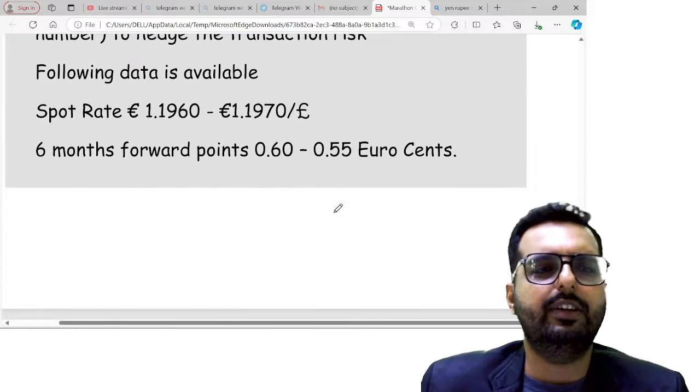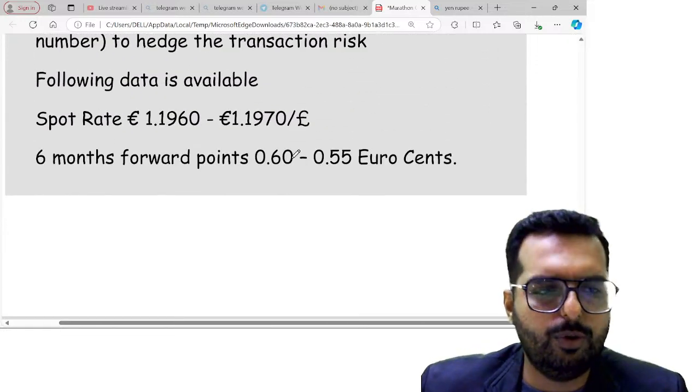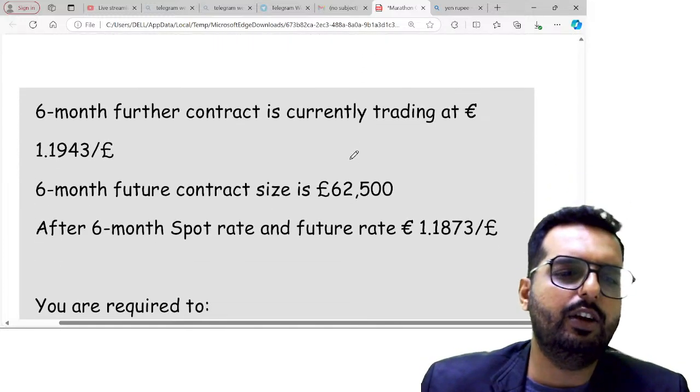All right. So these are the alternatives, and then they have given you the spot rate and 6 months forward points. We will do that in the second part.